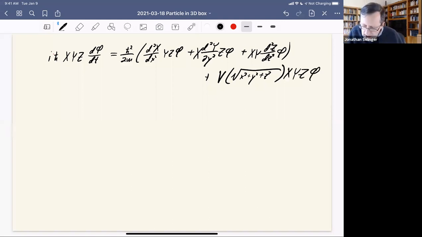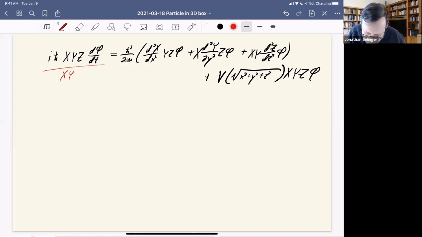And now, if we try to divide through by x, y, z, and phi, let's see what happens. Oops.